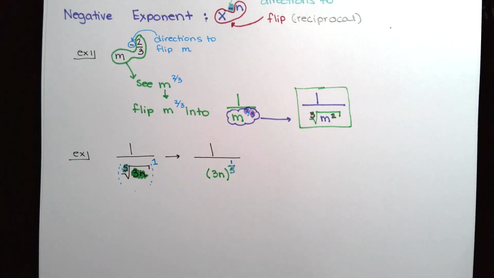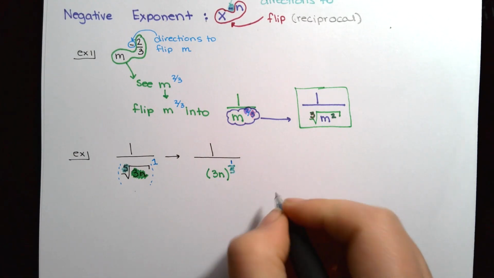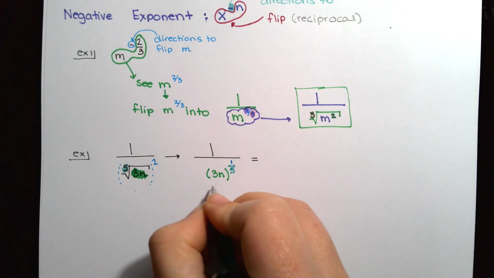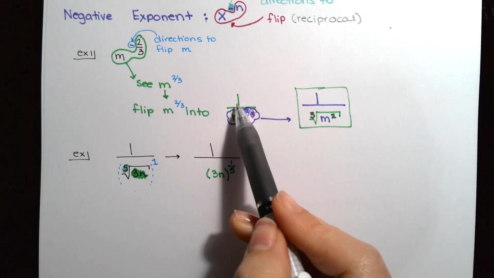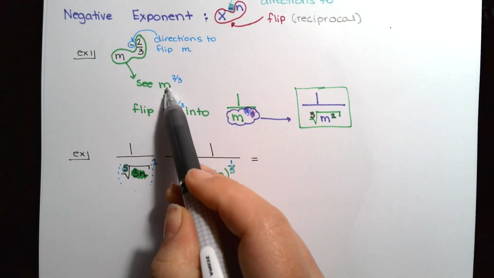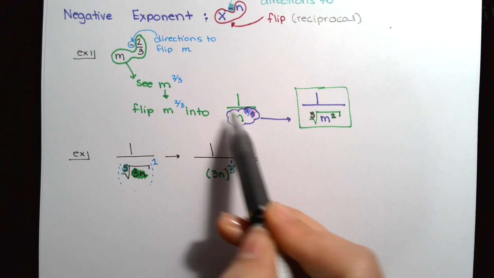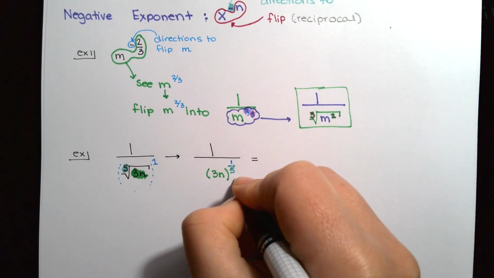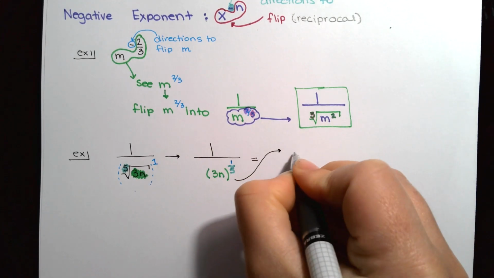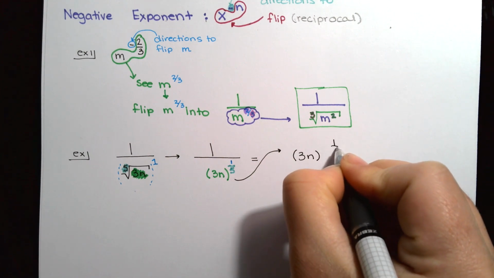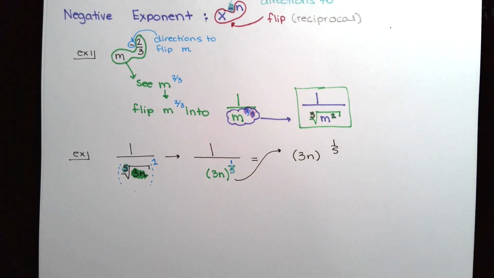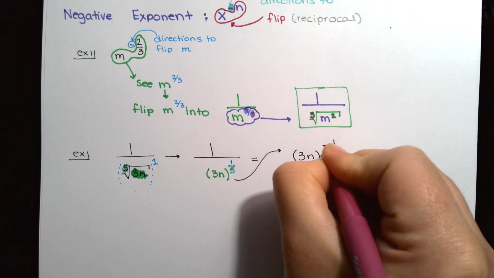Now, because we see the rational exponent in the denominator, we are going to go backwards. Notice how I have 1 over m that came from just m. 1 over m came from just m. So I am going to flip this into just 3n with a negative, be careful here, negative exponent.